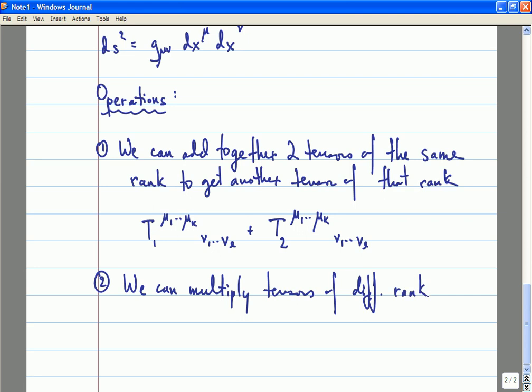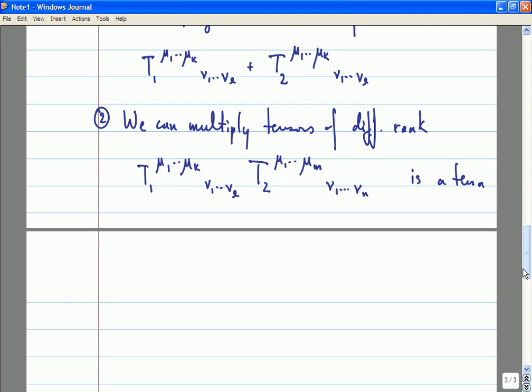So, for example, if T1 is a tensor of rank (K, L), and T2 is a tensor of rank (M, N), then their product is a tensor of rank (K plus M, L plus N).